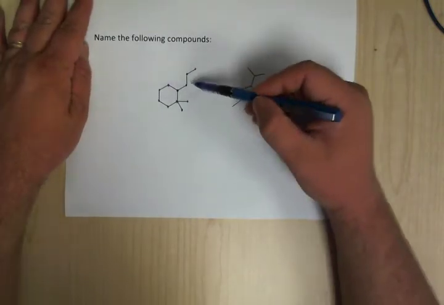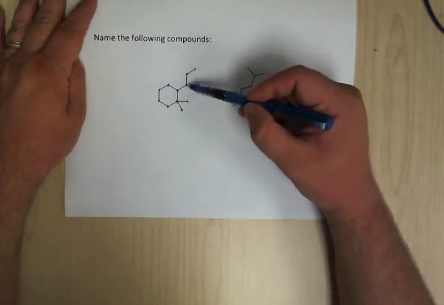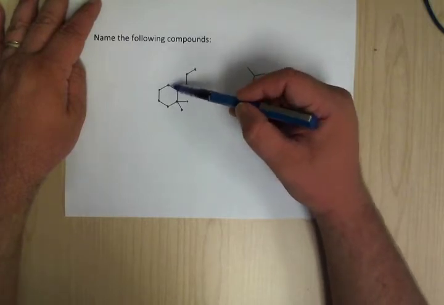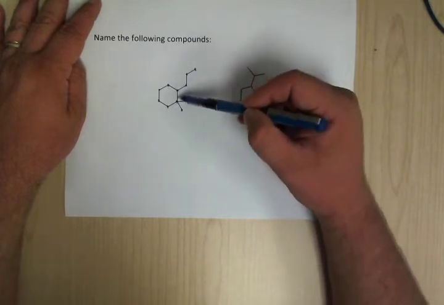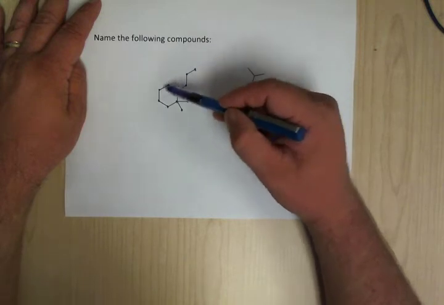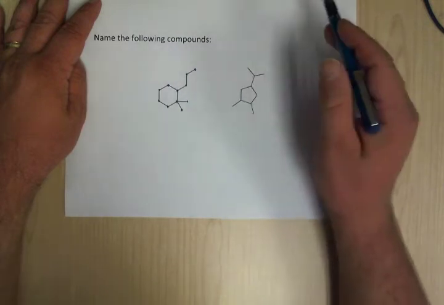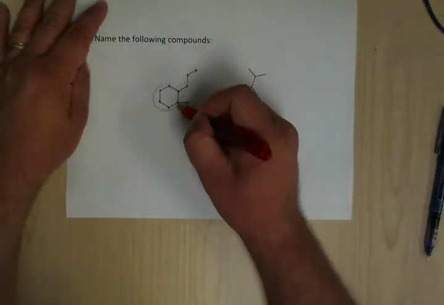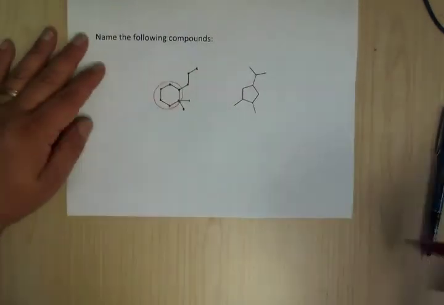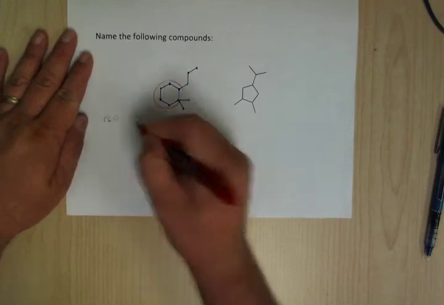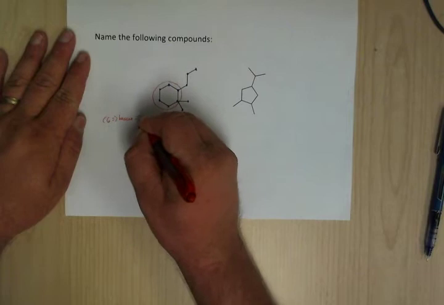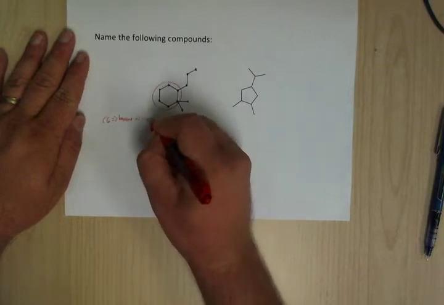So you're either talking about these 3 carbons here, 1, 2, 3, as part of the straight chain, or you're talking about these 6, 1, 2, 3, 4, 5, 6. You don't go in and around like that. It's either part of a ring or part of a straight chain, and that's it. So the main chain in this case is these 6. So C6, right? That would normally be hexane, but to say it's a ring, it's cyclohexane.